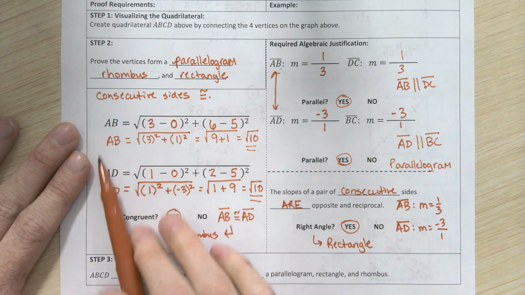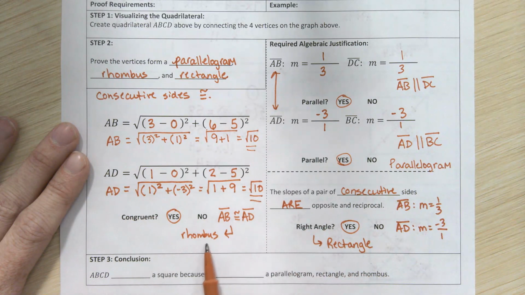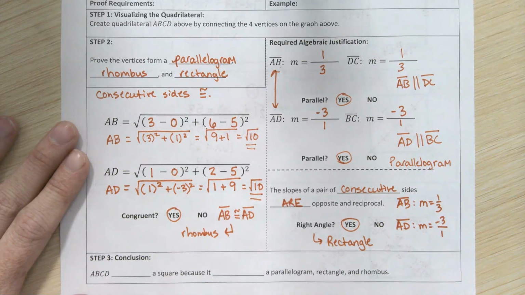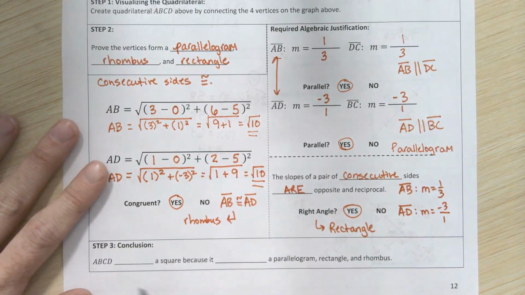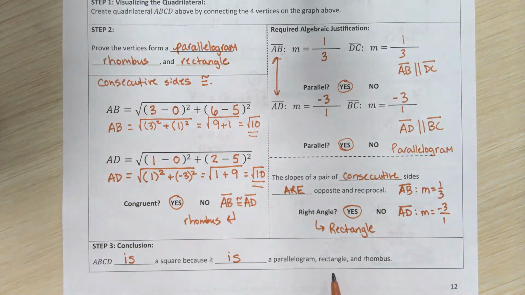And then we have consecutive sides again, this time being congruent, which gives us our rhombus indicator. So our final conclusion on this one is that quadrilateral ABCD is a square because it is a parallelogram and a rectangle and a rhombus.